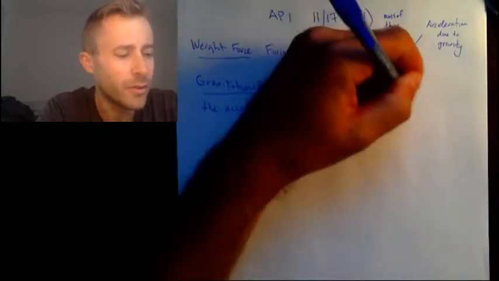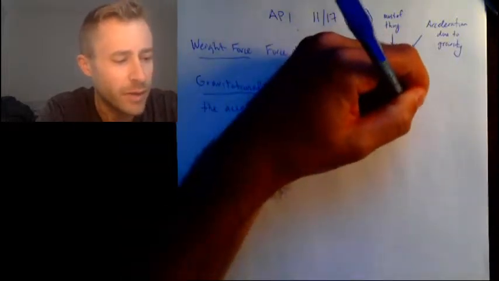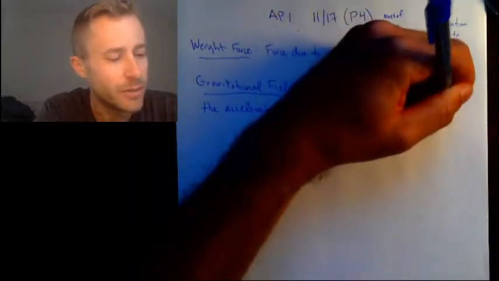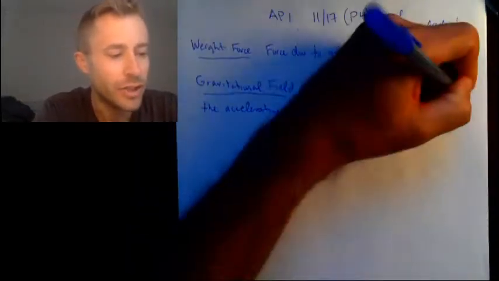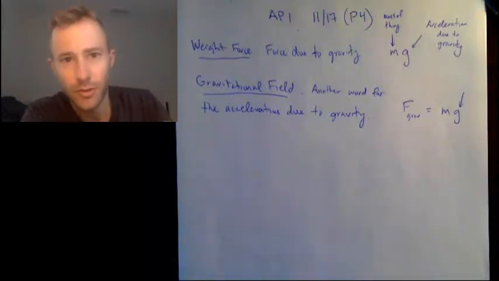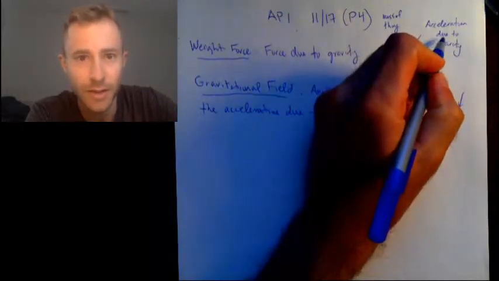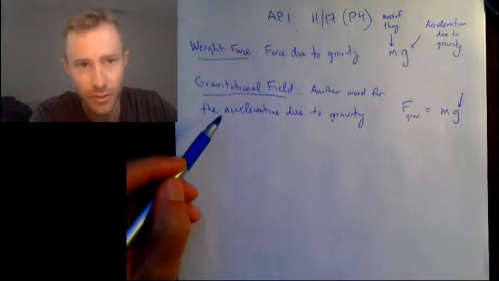So we can say the force due to gravity is equal to mg, where g is, so again, these are synonymous. The acceleration due to gravity is the exact same thing as the gravitational field.